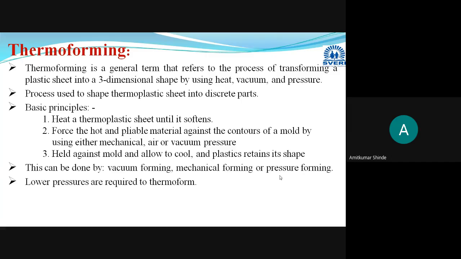If you are having any doubt related to the basic concept of thermoforming, you can put that in the chat box. I will wait for 1 minute here. After that I will move towards the different types of thermoforming. First we will go for pressure thermoforming. If you are having any doubt, you can ask me here, or directly unmute yourself and ask me, or you can put that in the chat box. Another basic thing you have to take into consideration is that in these thermoforming processes lower pressures are required.